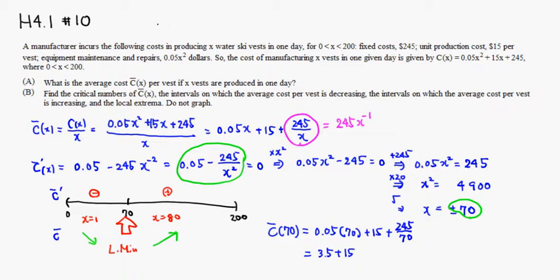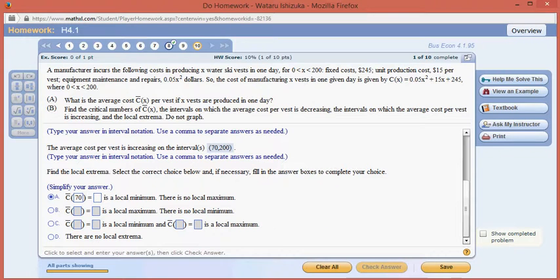If you simplify 245 over 70, divide by 7, it's 35 over 10, which is another 3.5. So 3.5 plus 3.5 is 7, and plus 15, it's 22. So 22 is the value.